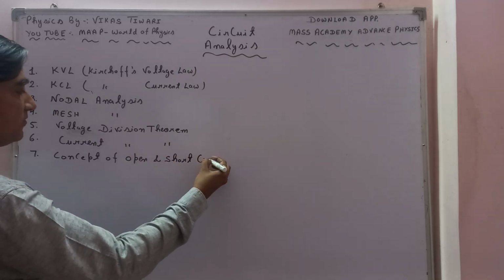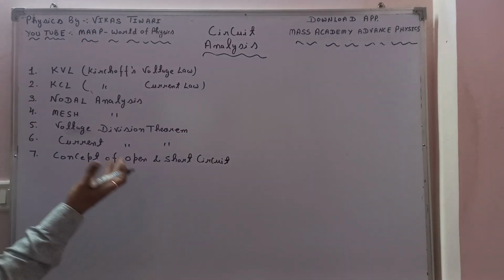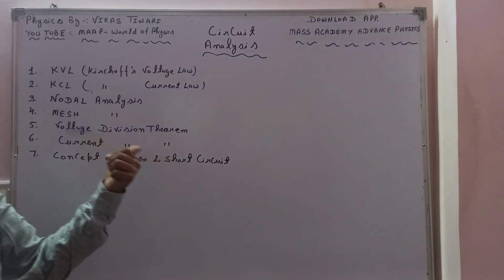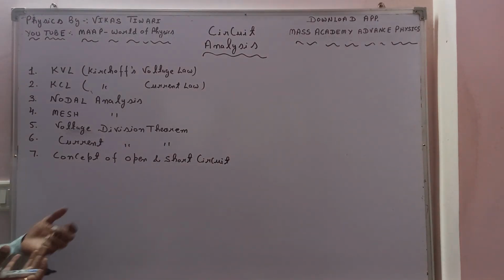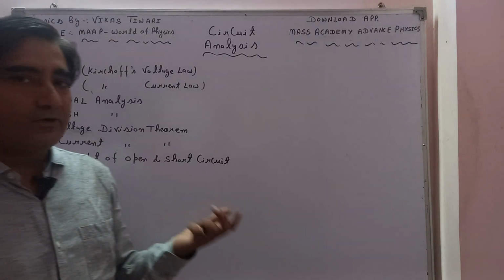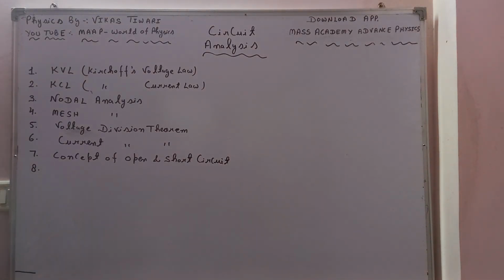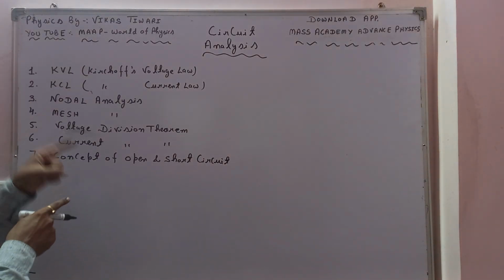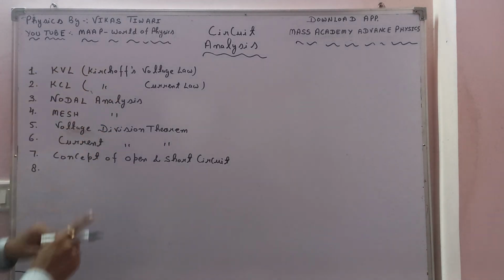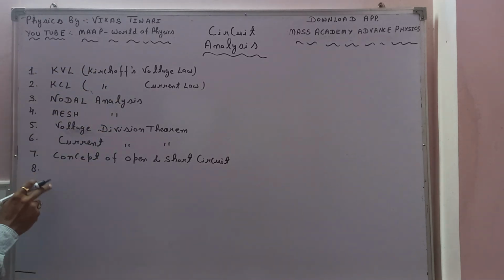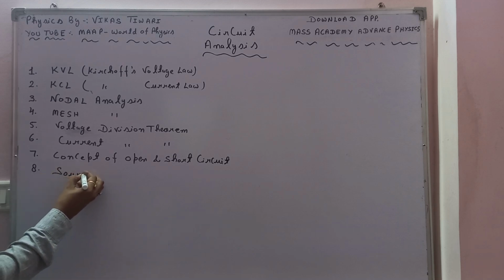You have already heard the names of short circuit and open circuit, so we will discuss what these things are further. Finally, the eighth thing is source transformation.